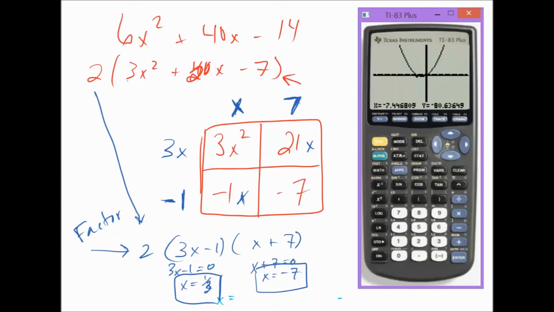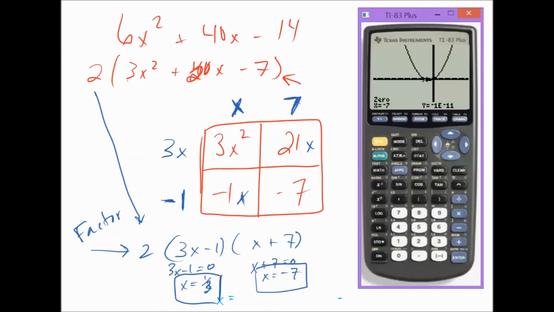Alright, so the second zero, we want to go to the left. Second calculate. Left. Zero. Go to the right. And it's going to say negative 7. So that's what we expected.